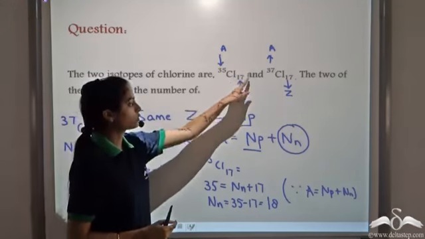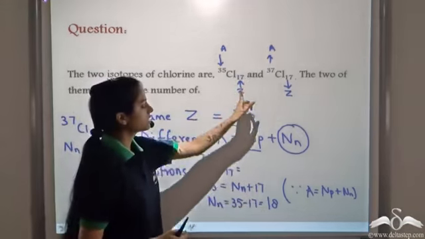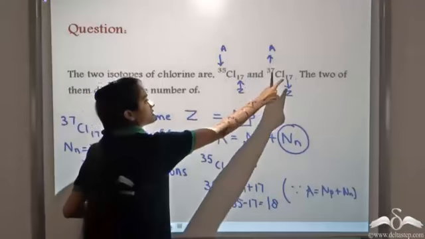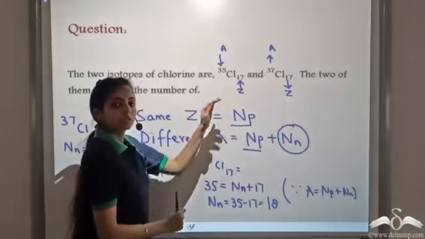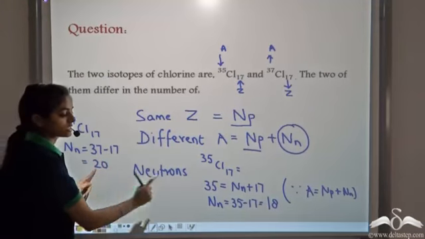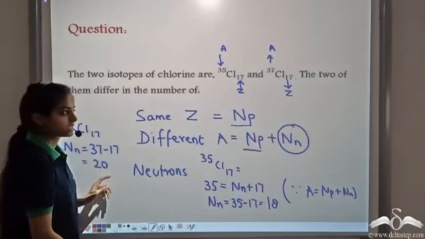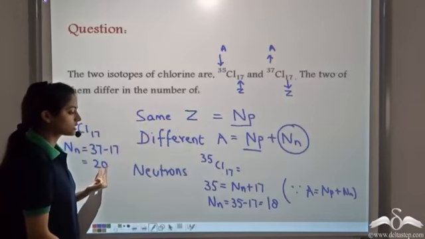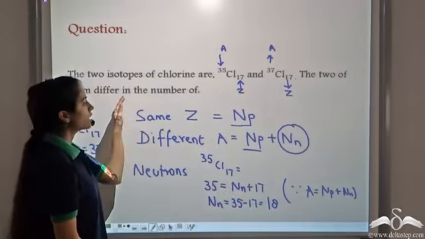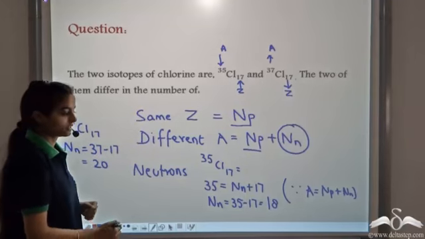So the first isotope has 18 neutrons, and the second isotope has 20 neutrons. Both of them have the same number of protons, so they have the same number of electrons. The only change is in the number of neutrons. The second isotope has 2 neutrons more than the first isotope. So the two isotopes differ in the number of neutrons.